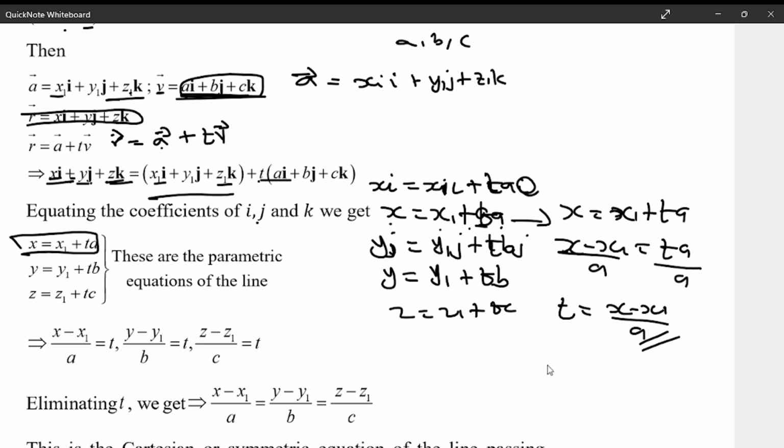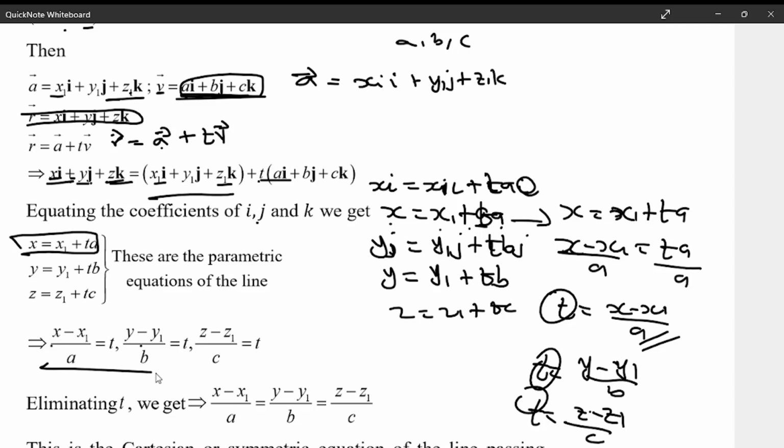The second one as well, we have t is equal to y minus y1 over b. And the last one is t equals z minus z1 over c. These are all in terms of t, so we can say that t is equal to this, equal to this, equal to that. So this is the solution that we have for this one.